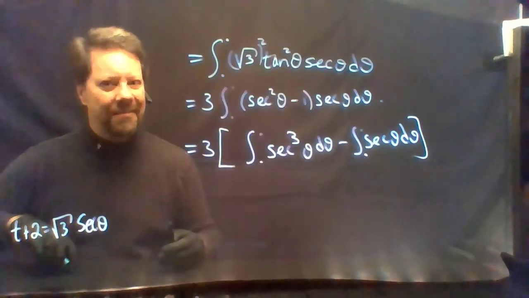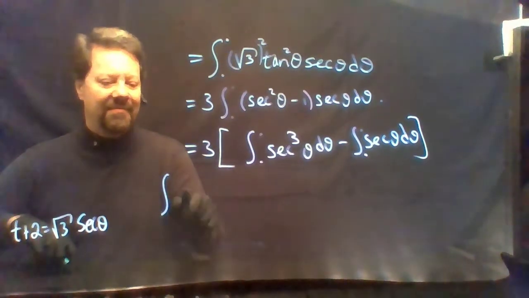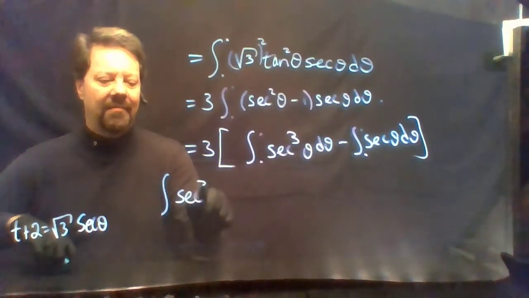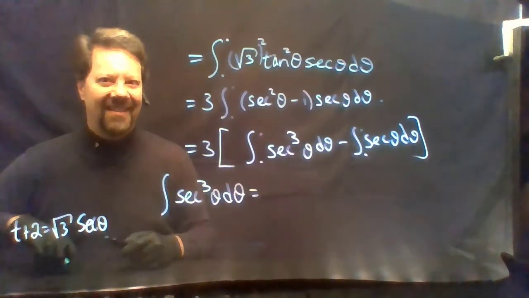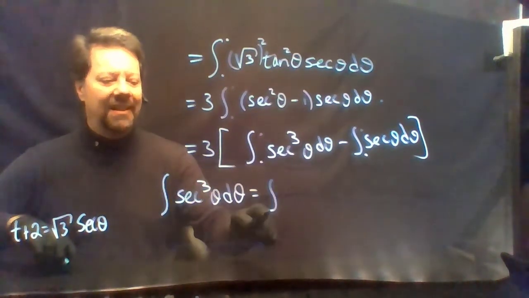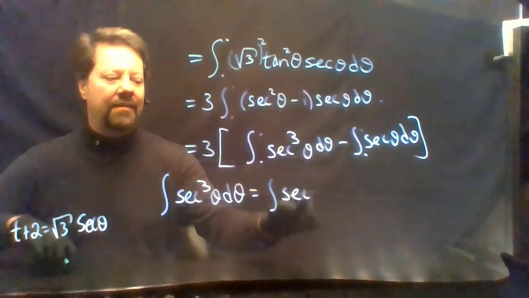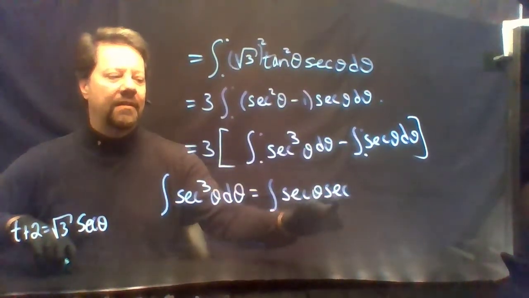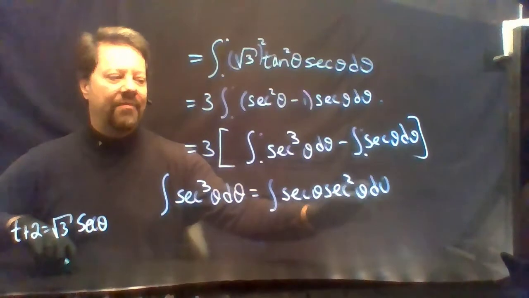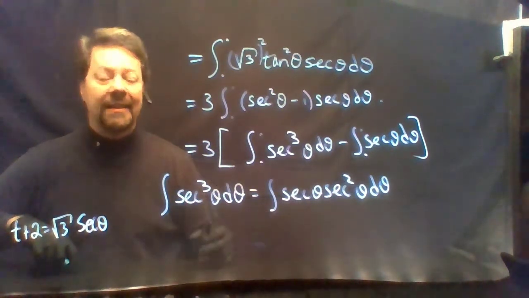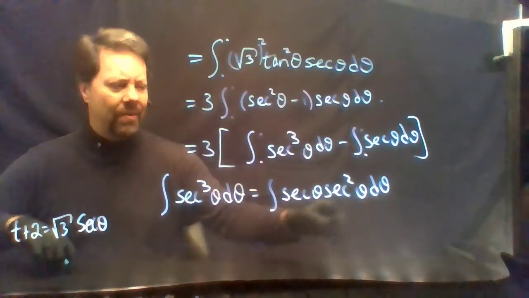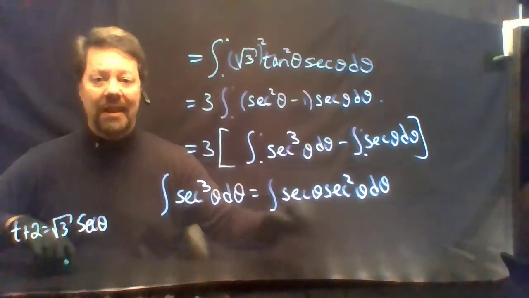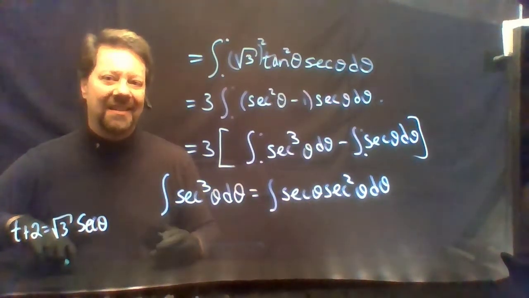So we know the integral of the second term. How about the integral of the first? It turns out, to integrate this, we have to split off the secant squared theta, keeping in mind that if the integral of secant squared is tangent, you'd rather integrate secant squared and perhaps differentiate secant.